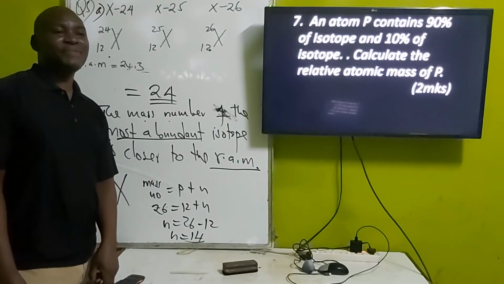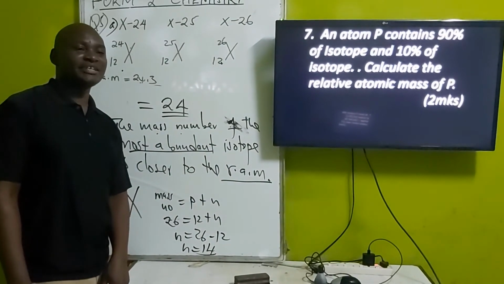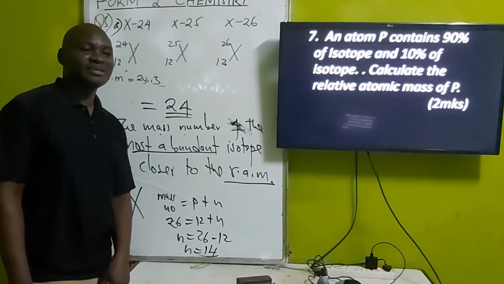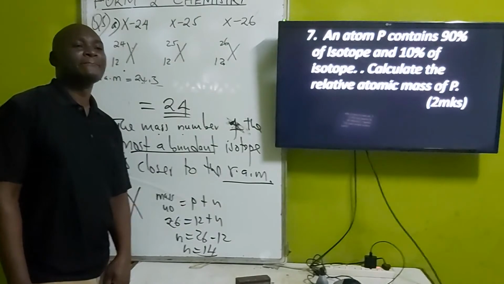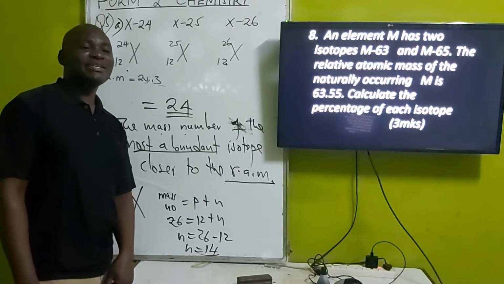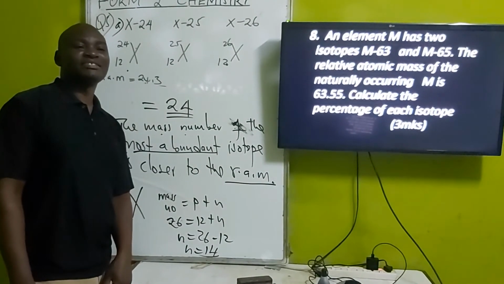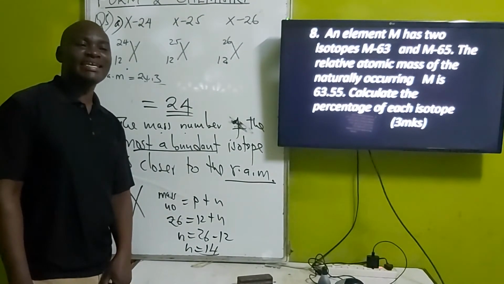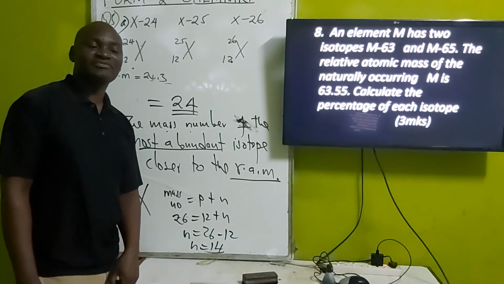Then we also try number 7. An atom P contains 90% of one isotope and 10% of another isotope. Calculate the relative atomic mass of P. Then number 8. An element M has 2 isotopes, M63 and M65. The relative atomic mass of the naturally occurring M is 63.55.